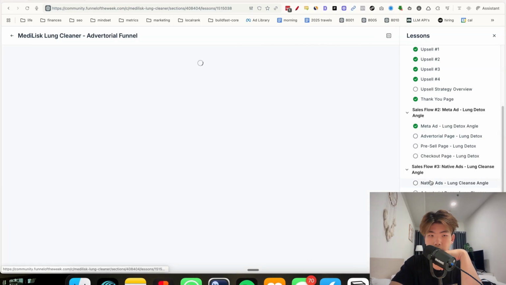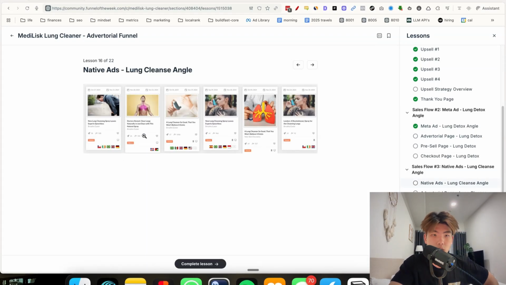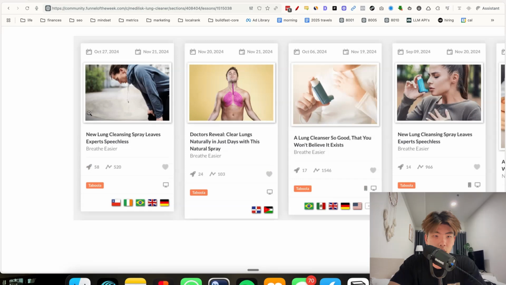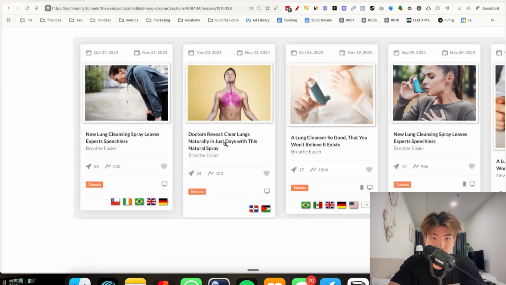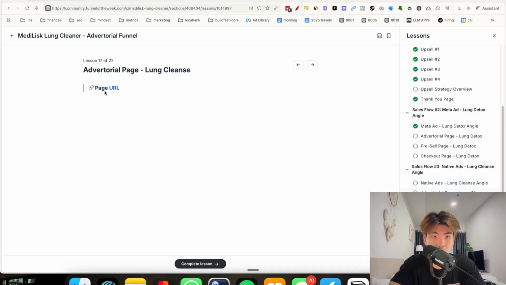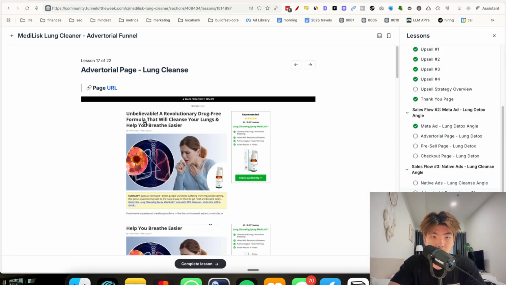And then they have a third angle. Let's see what this third angle is about. Here are the native ads. This one talks about cleansing lungs. So even though all three advertorials lead to the same product, you can see how their headline and messaging are different.